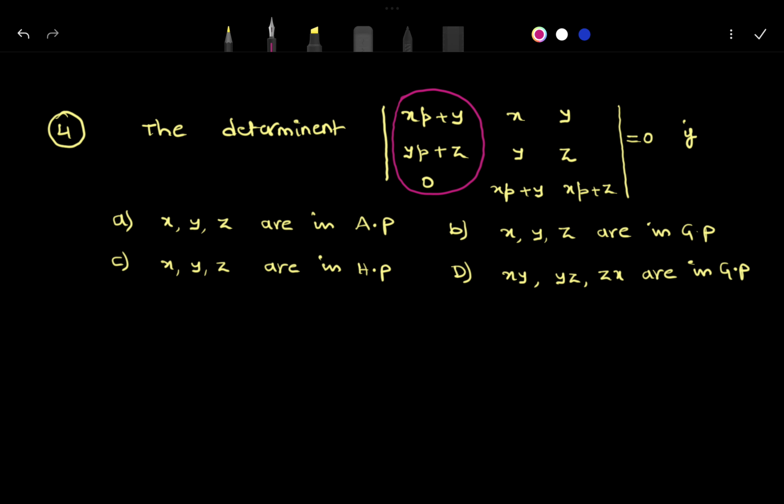So here x into p plus y is equal to 0, and next one y into p plus z is equal to 0. Already the third element is 0 in the first column, right? So from this one you can write p is equal to minus y by x. Here in the second one p is equal to minus z by y, right?